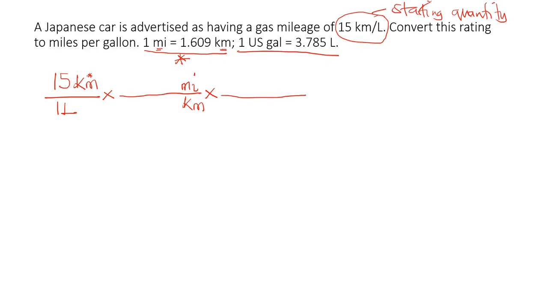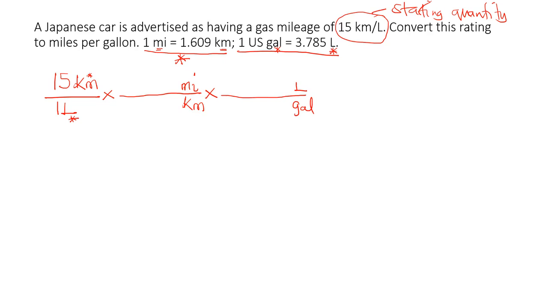Then I'll go next. What else do I need to cancel? I need to cancel the liter, which is given here. So the liter is down here. I'm going to put the liter up here. This liter goes with which conversion? It goes with the gallon. So I put the gallon down here. After doing that, then I put the values.